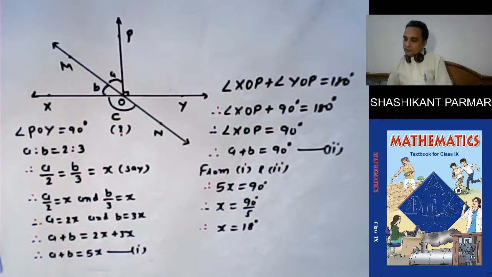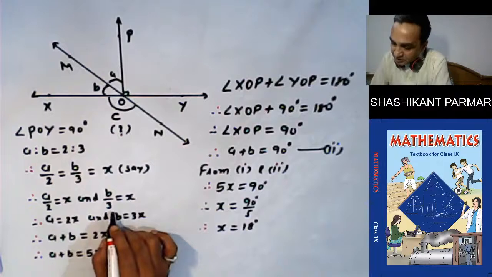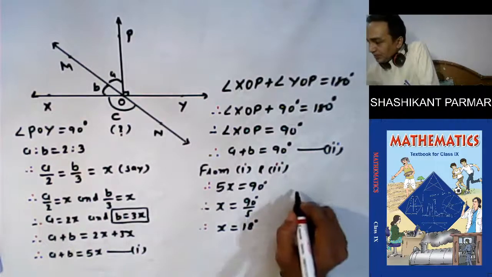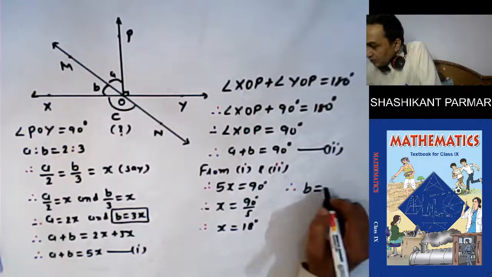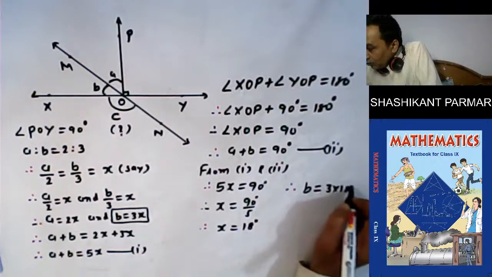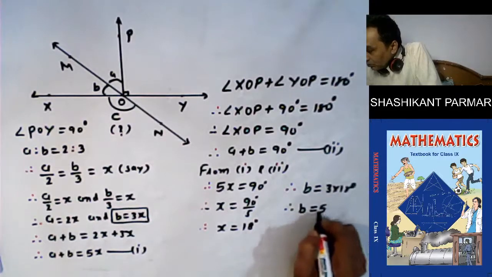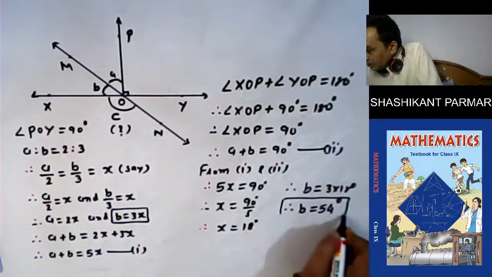Okay, X is equal to 18 degrees, but see, B is equal to 3X. Therefore B is equal to 3 into 18 degrees. Therefore B is equal to 54 degrees.